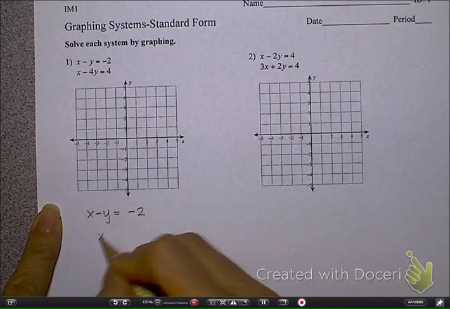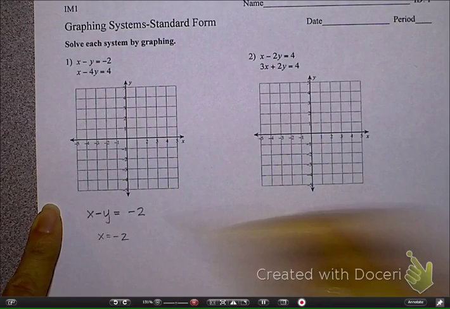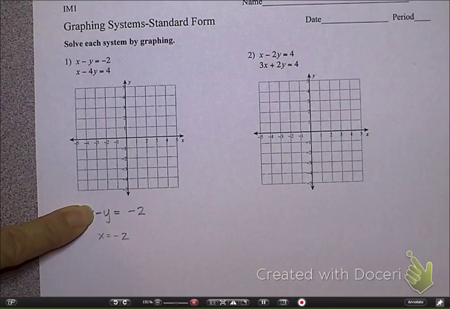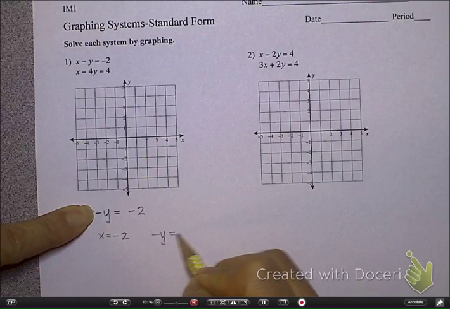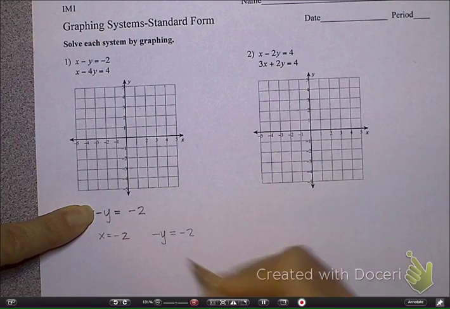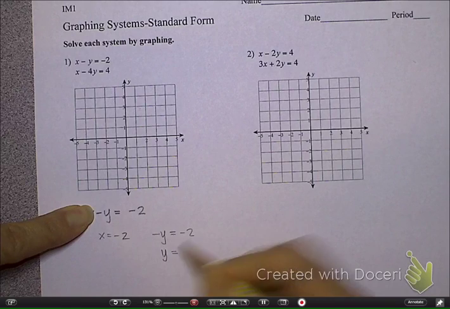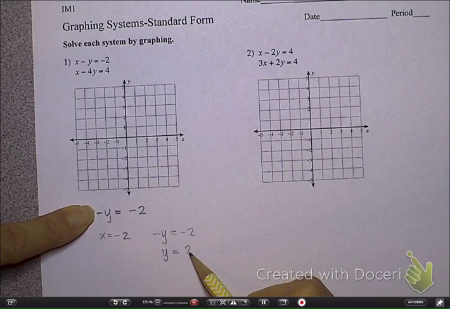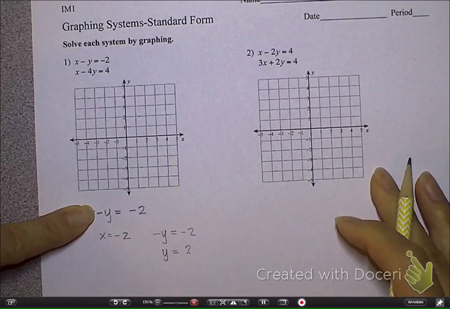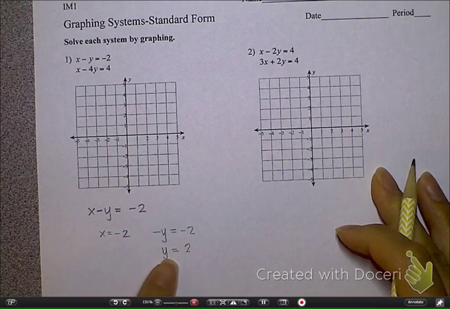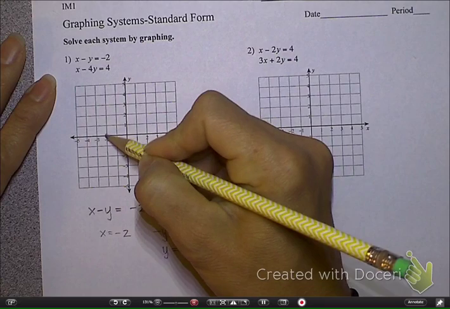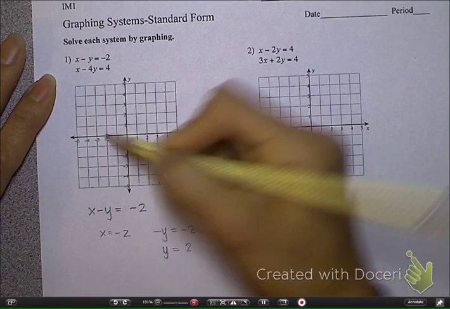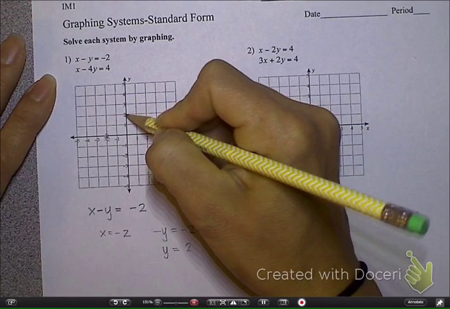-2. So x equals -2. What happens if I cover up and solve for y here? I get negative y equals -2, so what's positive y then? Yes, +2, because I have to divide both sides by -1. Now that I have both intercepts, I can graph them. x equals -2 is right here on the x-axis, and y equals +2 is up here.